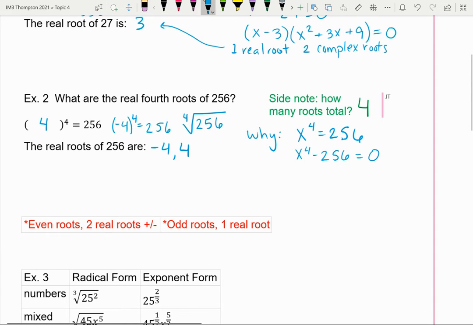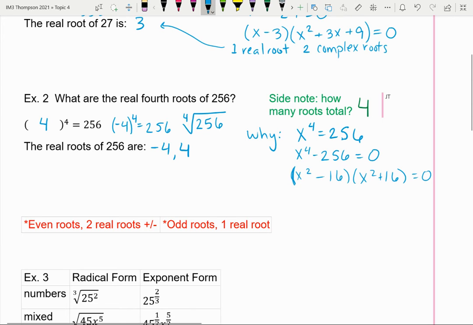Well, this is a difference of squares. This factors to x squared minus 16 times x squared plus 16. A difference of squares because I have a subtraction of a perfect square and a perfect square.